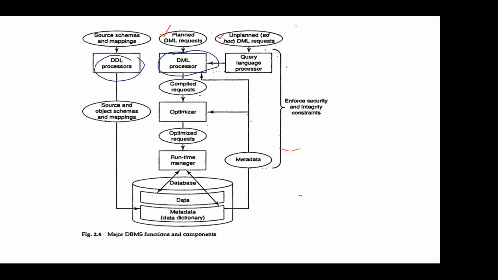An unplanned request is an ad hoc query, or an update. Suddenly an update came, or suddenly we want to add data to the existing data, even though initially we don't have any plan. In these situations, we can call the request unplanned.